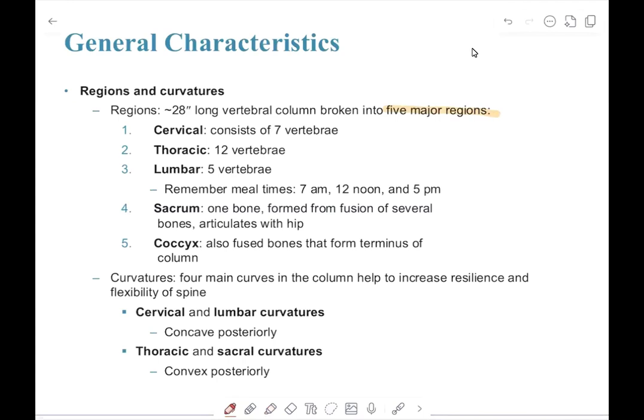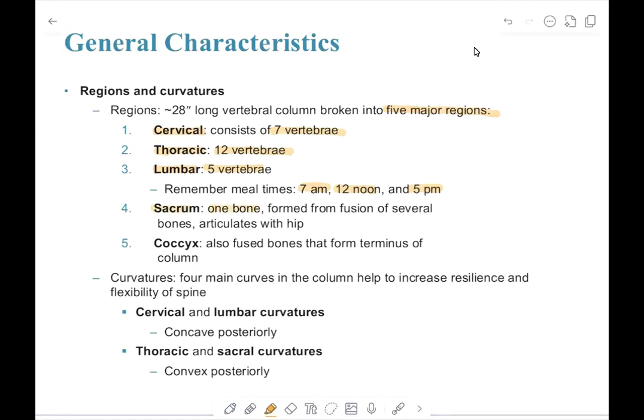A good way to remember this is, if you eat breakfast at 7, lunch at noon, and dinner at 5, that will help you remember how many vertebrae are in the first 3 sections. So the cervical region has 7 vertebrae, 12 thoracic vertebrae, 5 lumbar vertebrae, and then inferior to that would be the sacrum, which is 1 bone.